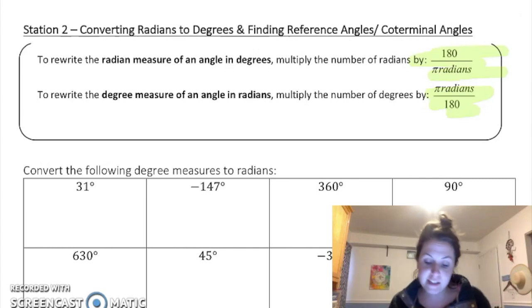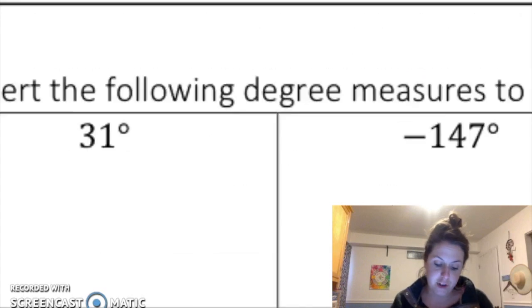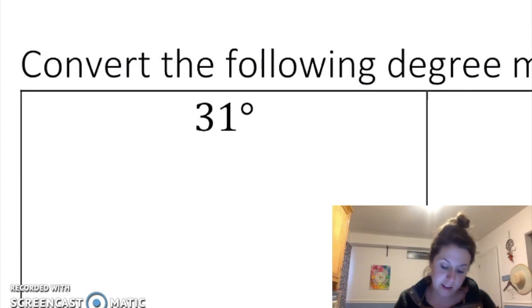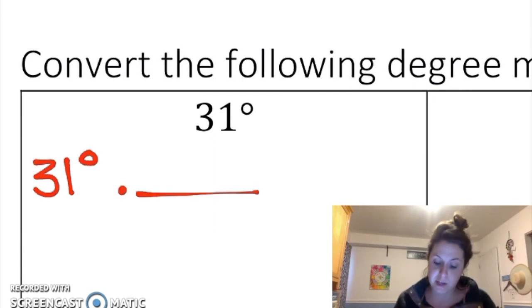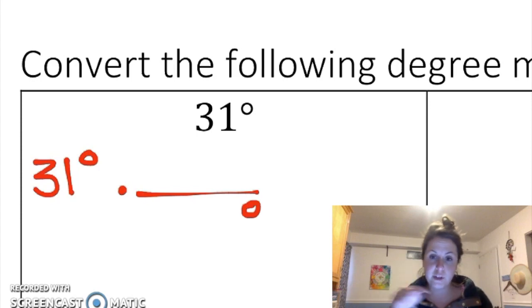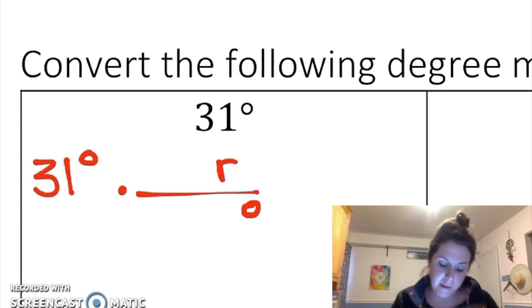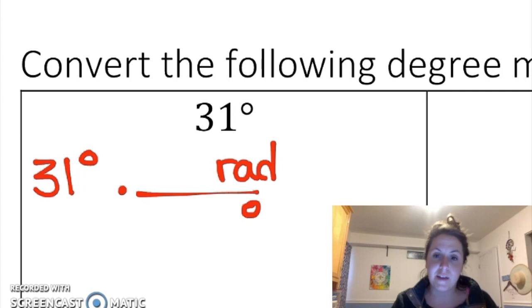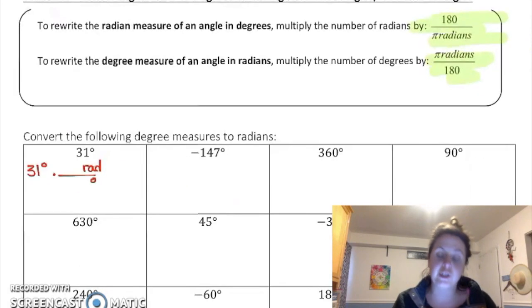So let's pick one of these to start on. If I start with, let's say 31, this is degrees, right? So 31 degrees, I want degrees to cancel, so I'm going to multiply by something with degrees on the bottom, and I want radians to be my answer, so that's going to be on the top. I'm going to look at these and say which goes where.